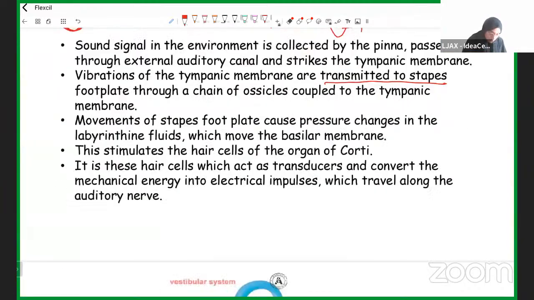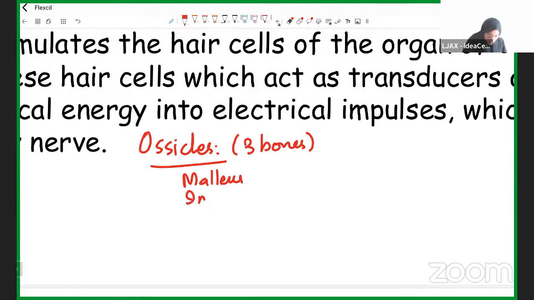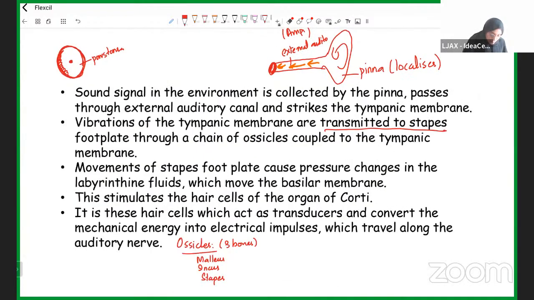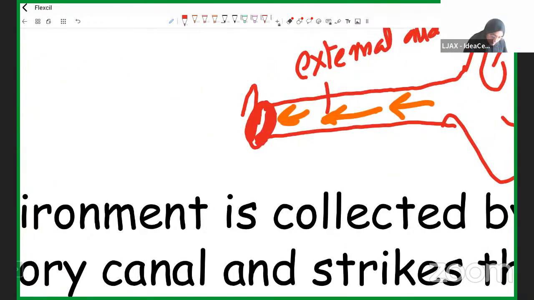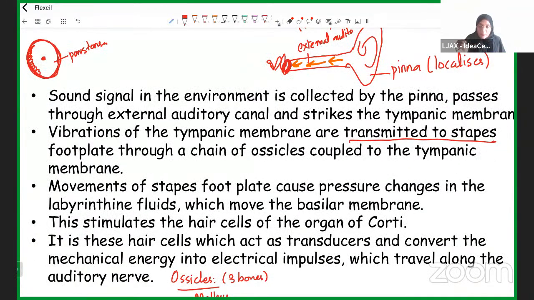Coming to the ossicles. What are ossicles? Ossicles are made up of 3 bones: the malleus, incus, and stapes. We have a bone attached like this, then one more bone attached like this, and then a structure like a hammer. So the vibration of the tympanic membrane is transmitted to the stapes by the ossicles.